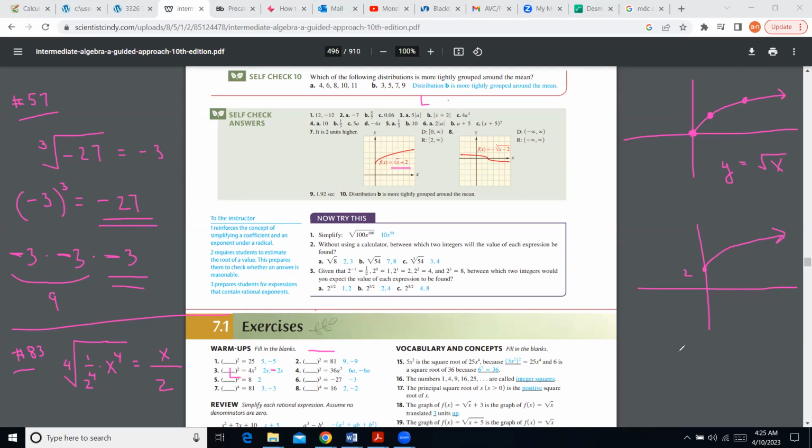Let's see, is that the same thing? Well, the shape is the same, but the whole picture, since we added 2, is moved by 2 units upwards. So the graph is here. You see the graph is moved.